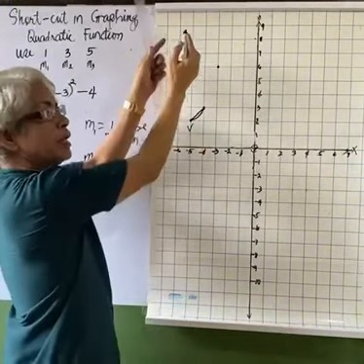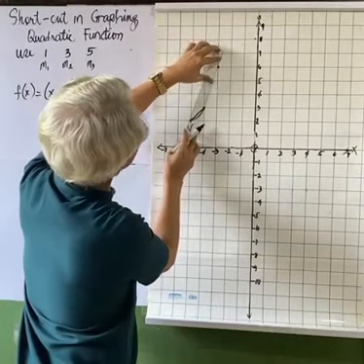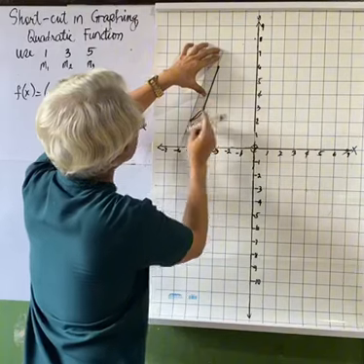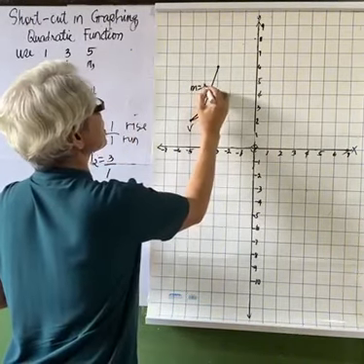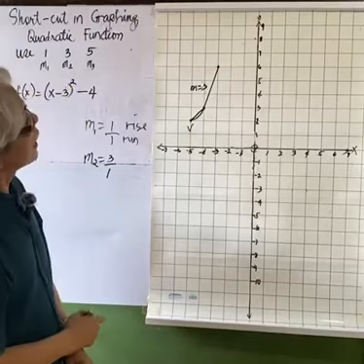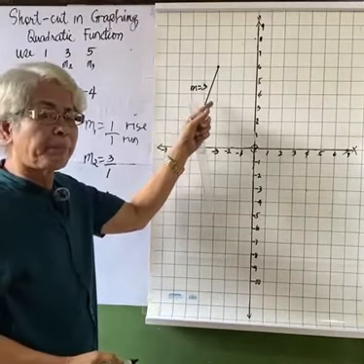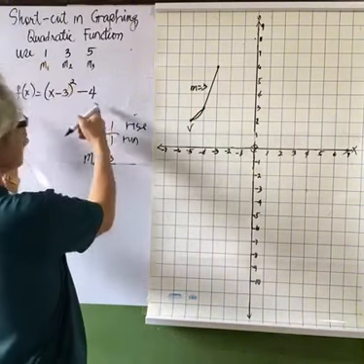We go up 3 units and we run 1 unit. So this is our line, which has slope M equals 3. But this is not the part of the graph that we will be using. It is a curve because this is a curve.